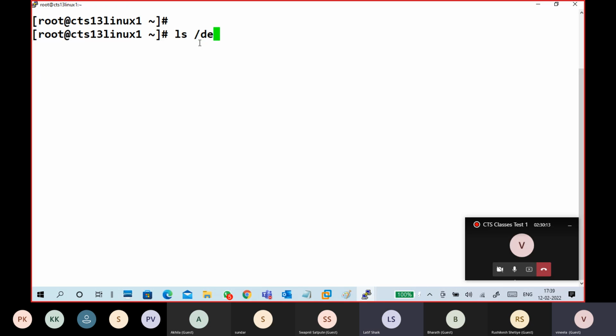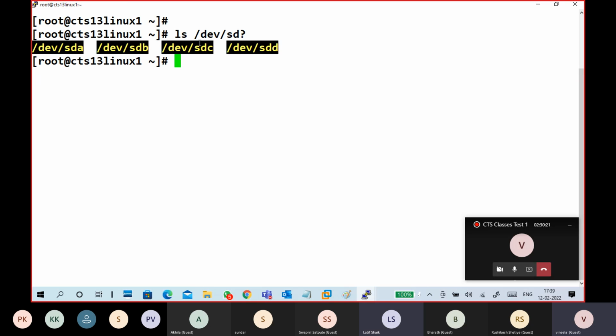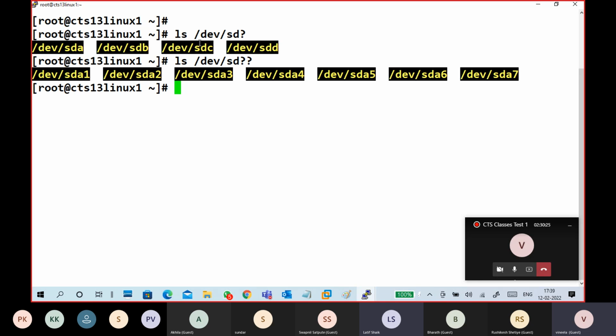So ls /dev/sd?, and you can see sda, sdb, sdc, sdd. Also put another question mark: sda1, 2, 3, 4, 5 are there, right? So sdb, sdc, sdd are the ones we are going to use.